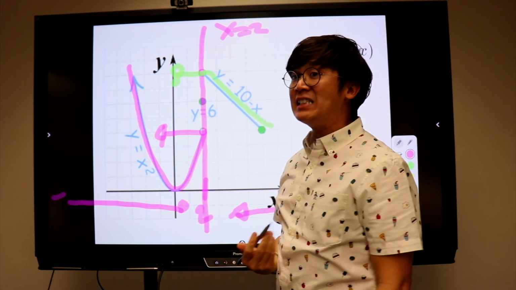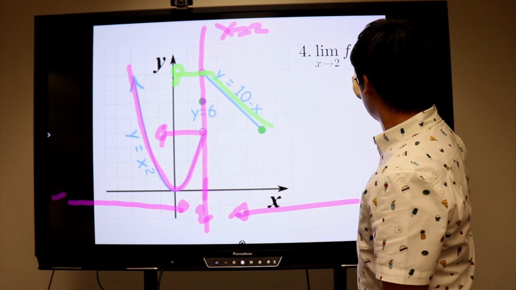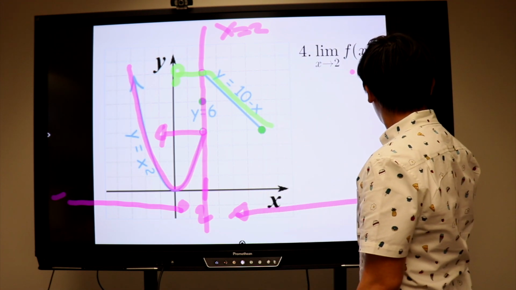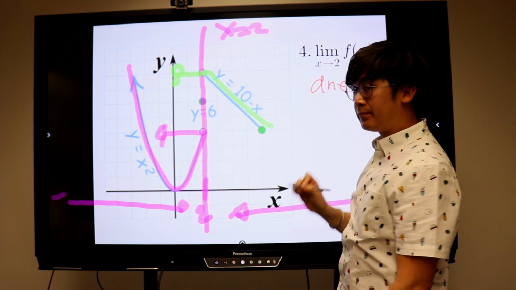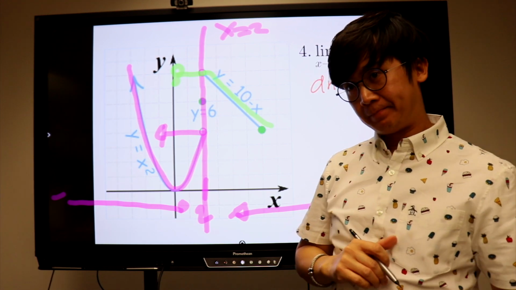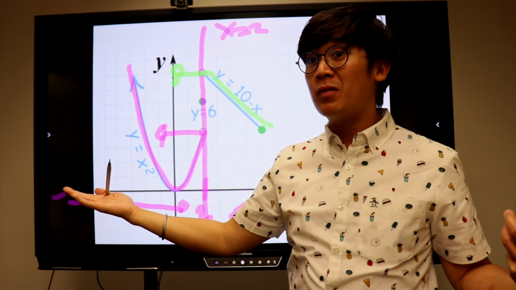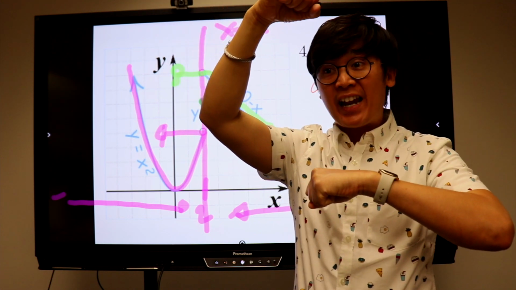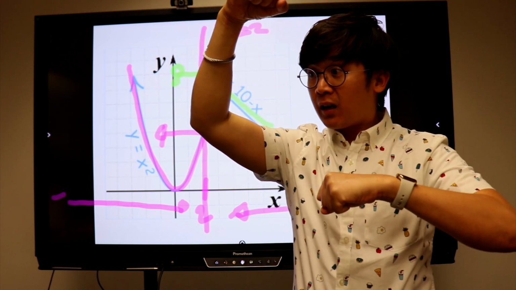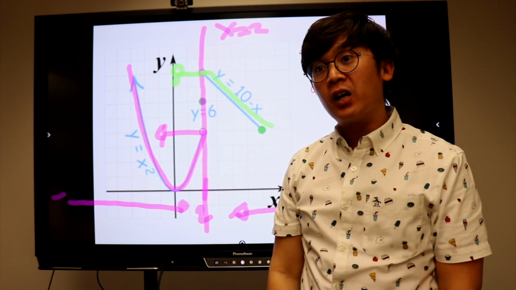They're approaching a different value of y, which means the limit does not exist. Because the approximated value of y coming from the left and coming from the right is not the same value. They're contradicting. And when they're contradicting, the limit will not exist. That's basically what a limit of a function means.